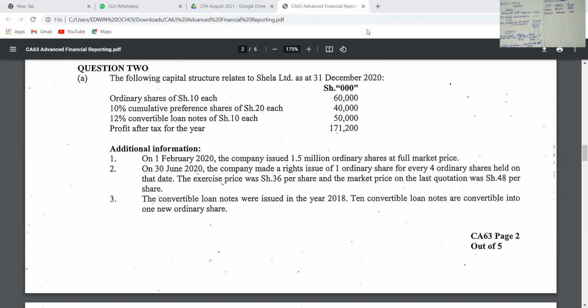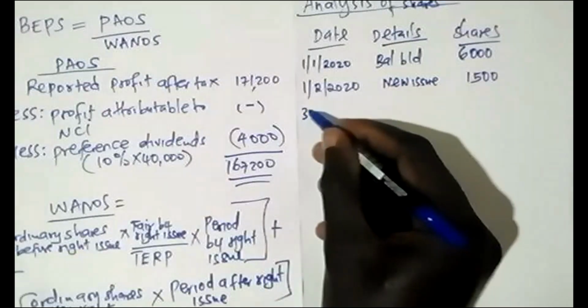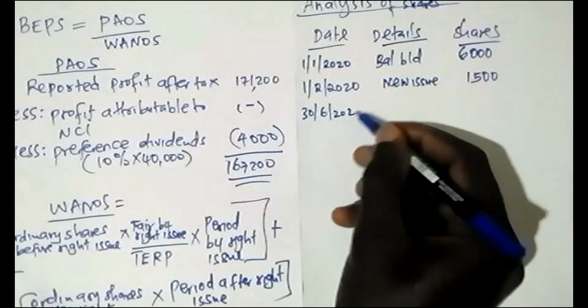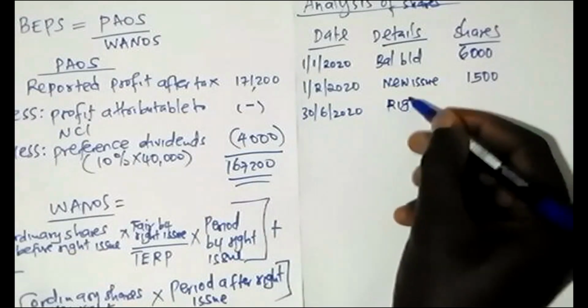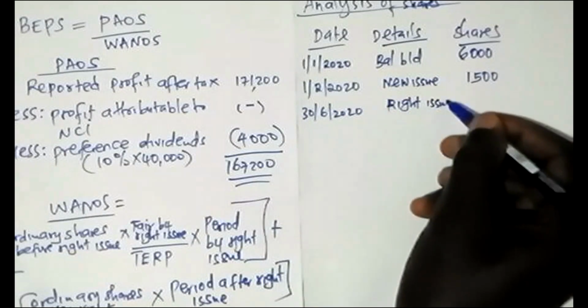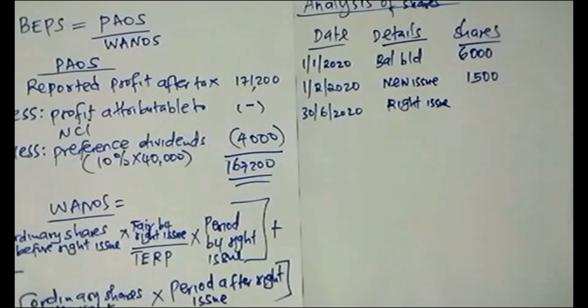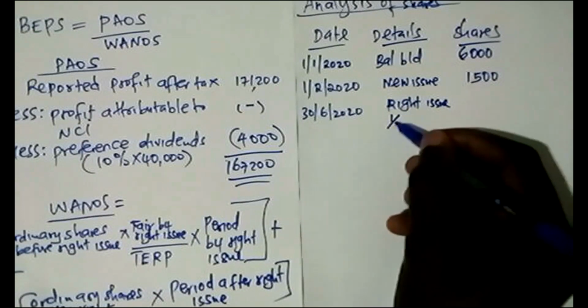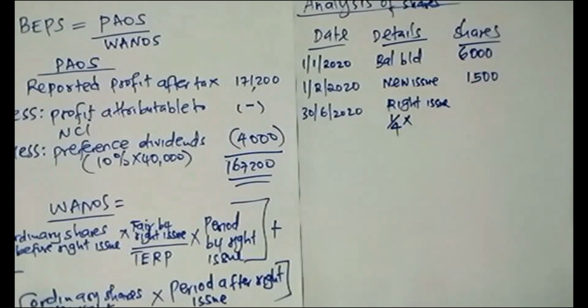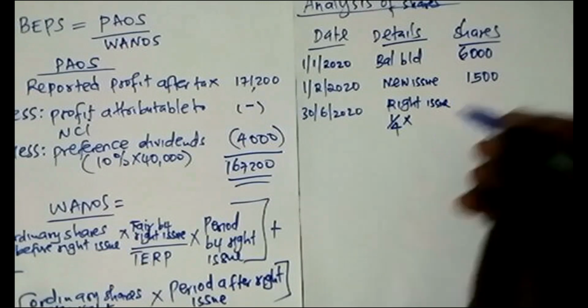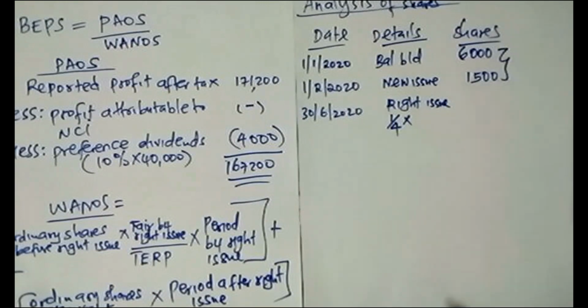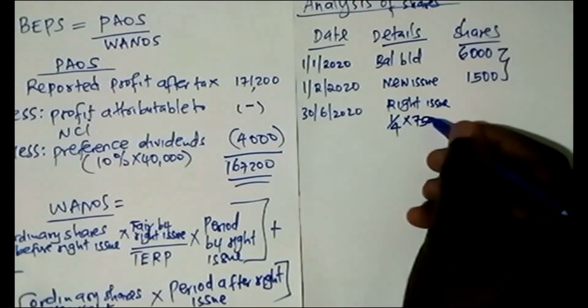So the company made a right issue of 1 ordinary share for every 4 held, on 30th June 2020. How many shares are held by this time? The total here is 7,500.